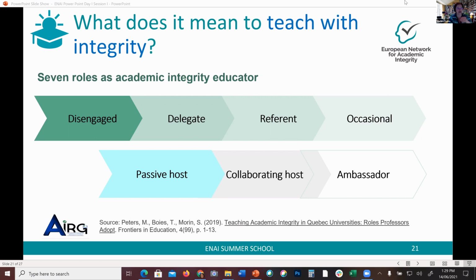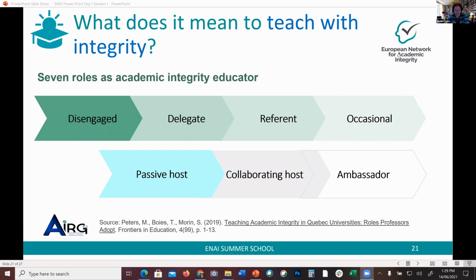And so I have them first semester in our first year, they know our librarian from day one. And so afterwards, even though I'm not teaching them, they know who they can go to at the library to get help when a referent professor refers them to the library. They have a face, they know who that person is. And so that's the collaborating host.